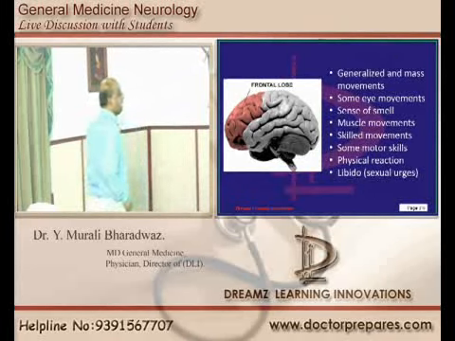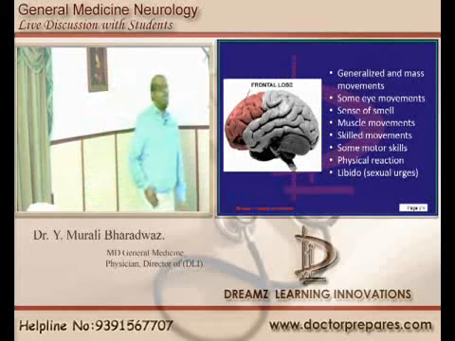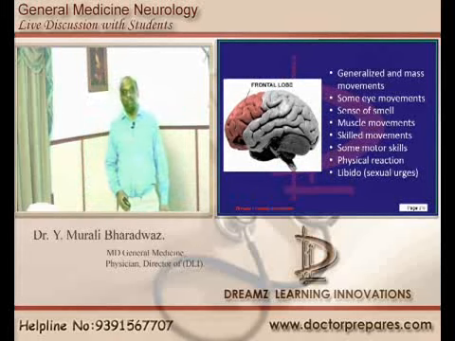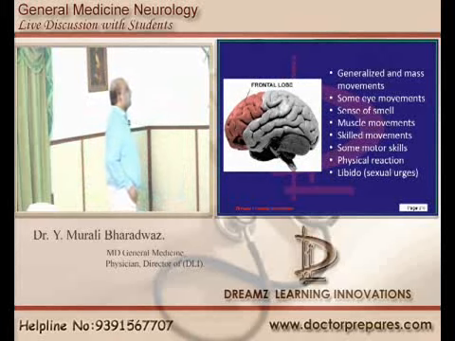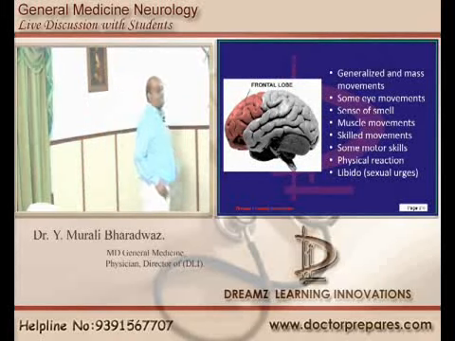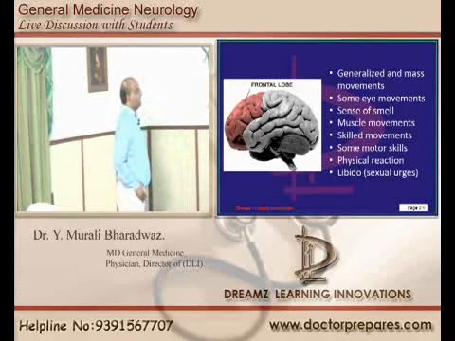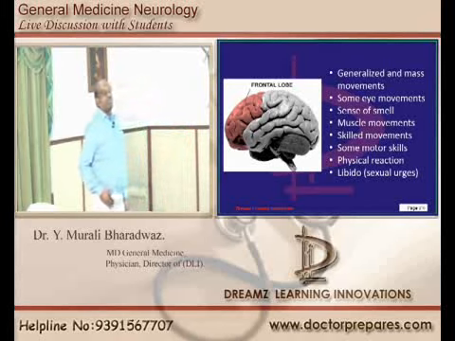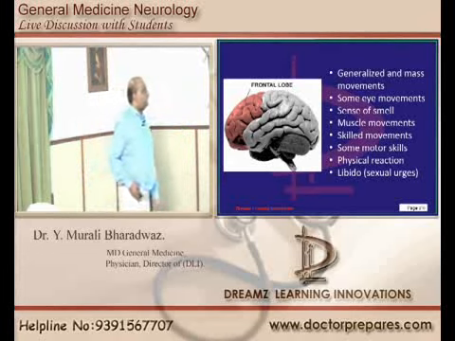They have difficulty in judgment, and they typically become emotionless. So these are all the problems. Also the sense of smell, eye movement, gaze, and libido, most important, are all frontal lobe dependent.